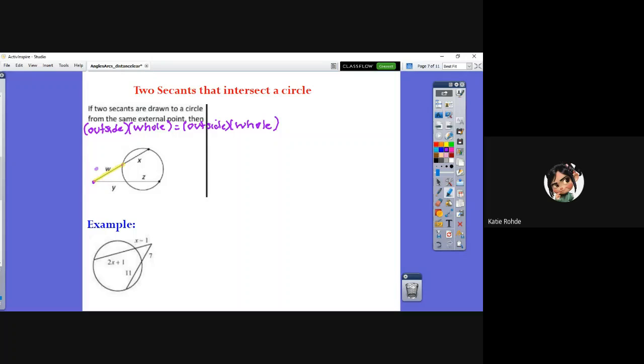That is outside. God, I always do that. And then our whole thing is all the way W plus X. So this is our whole.